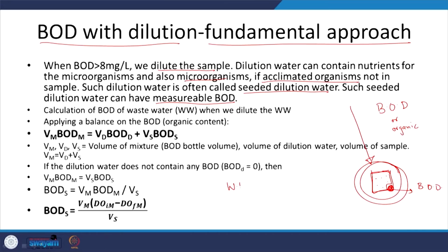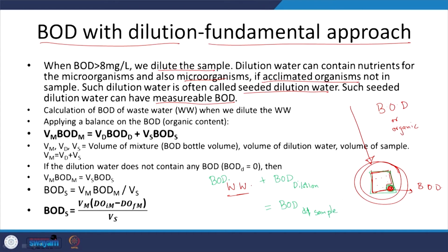What do we have? I have my wastewater. There is some contribution from this particular wastewater, which is out here. Let me highlight it in a different color. Only some of this, but there will be some BOD or organic content mass from the wastewater, and some of it will be due to this dilution water, but the total will be equal to the BOD in this diluted sample.